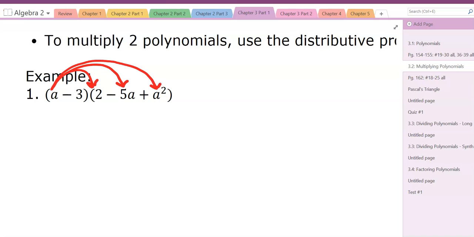So I have to do a little bit more work here. So the same rules like we were just doing apply. I'm going to take a times 2, which is 2a, a times negative 5a, that's going to be negative 5a squared, and then a times a squared is going to become a to the third.